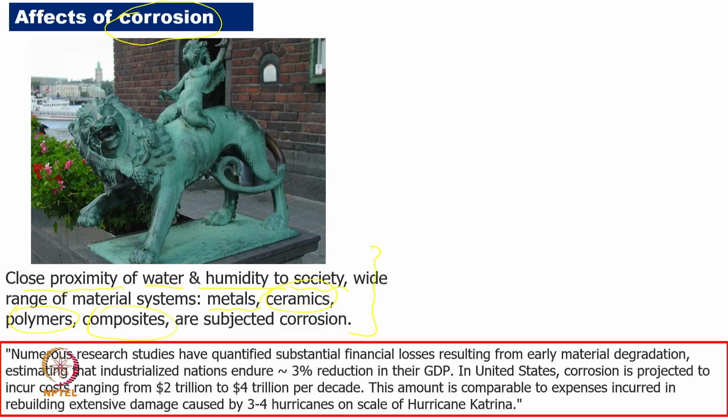This is important, and there are a number of research articles which indicate, as I mentioned here, that numerous research studies have quantified substantial financial losses. It is very important for us to understand that these substantial financial losses related to corrosion happen because, with corrosion, material degradation happens much faster.